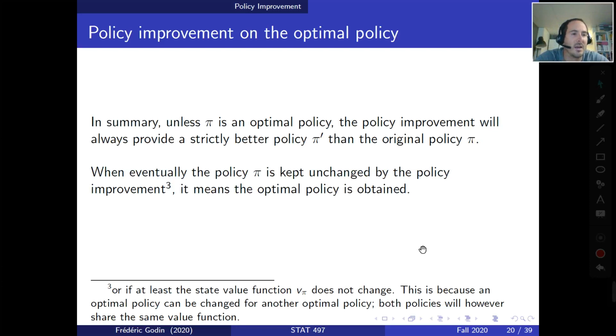In that case, the algorithm still converged in the sense that you still discovered the optimal policy even though the policy keeps changing. Let's say you have policies pi 1 and pi 2 which are both optimal, then you could apply policy improvement and from pi 1 go to pi 2 and from pi 2 go to pi 1, depending on how you break ties in your algorithm. But in that case, you have still identified the value function.